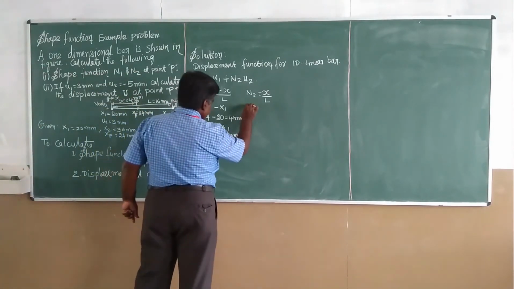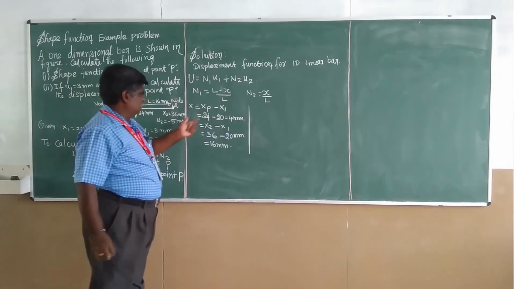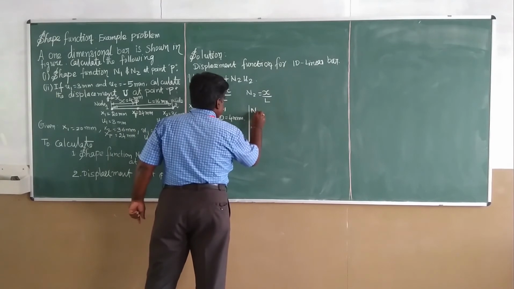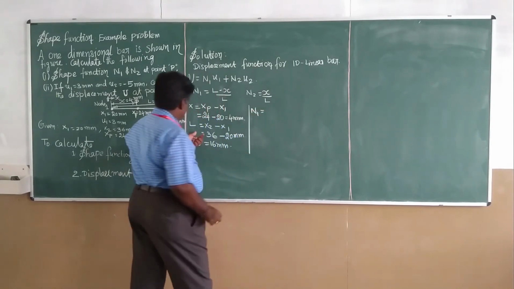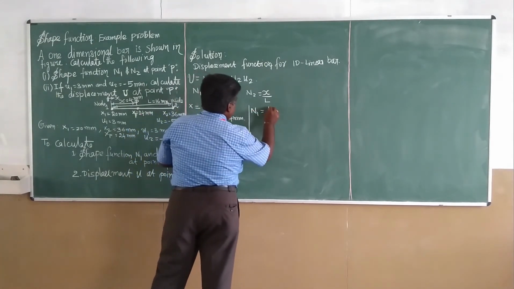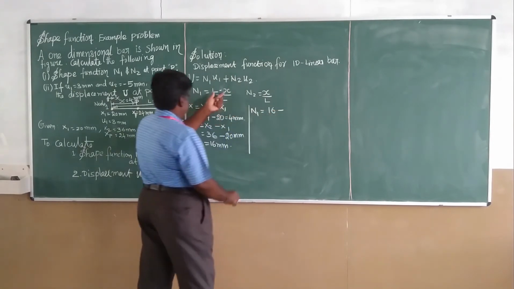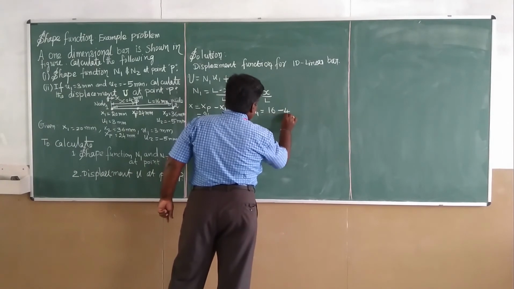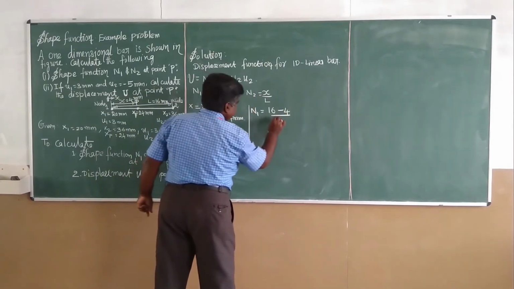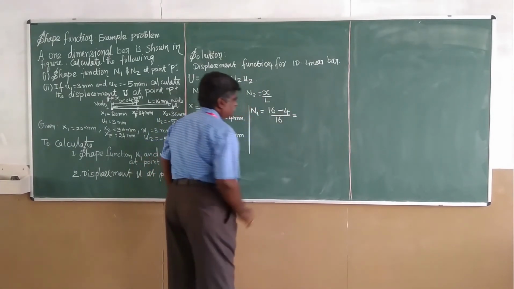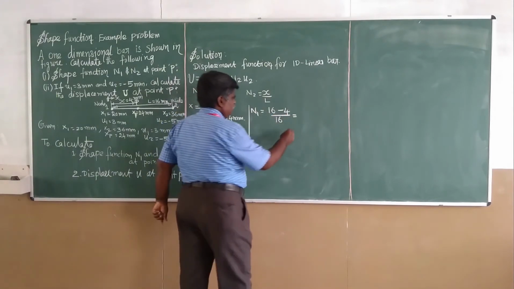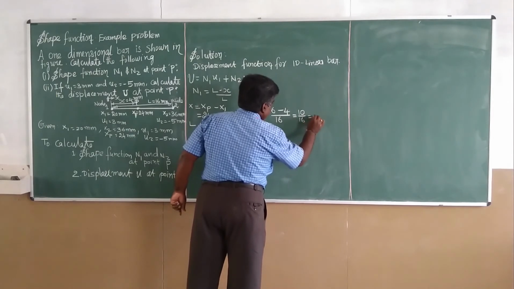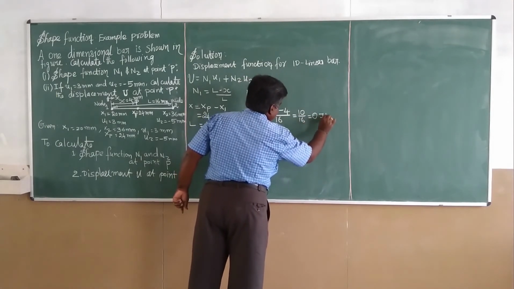The next step is to substitute all the input values. Shape function at nodal point 1: L is 16 minus x value 4, divided by L which is 16. 16 minus 4 is 12 divided by 16, this is 0.75.